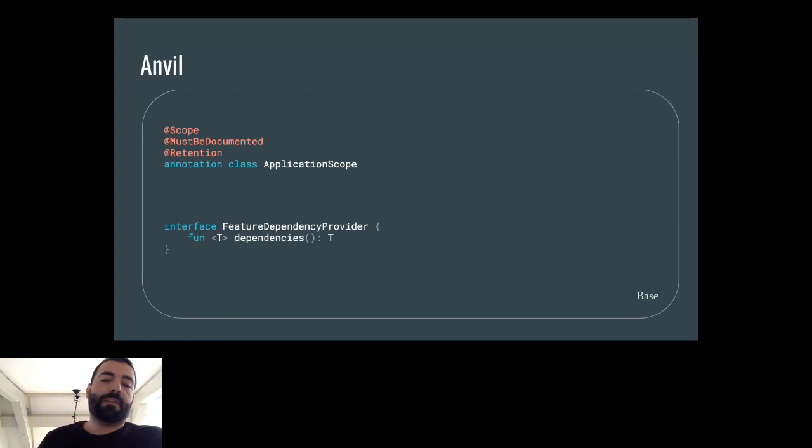This is going to be an abstraction that we will use for the feature dependency provider. I'm going to be implementing component dependency. That means every component needs to declare whatever it needs from the parent component. And these abstractions will allow us to retrieve those from the parent, which I'm going to show how in a few minutes.